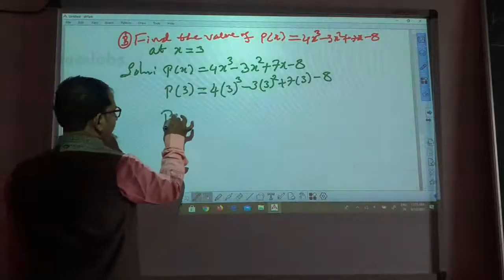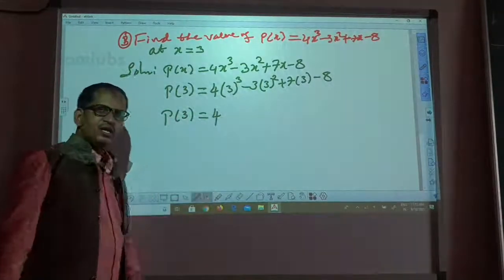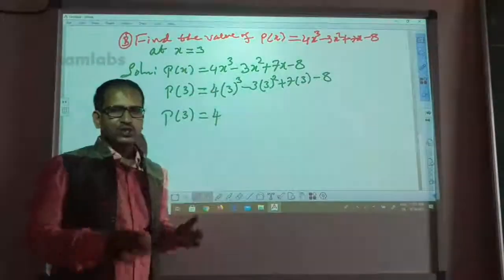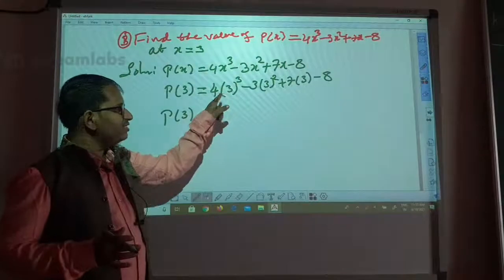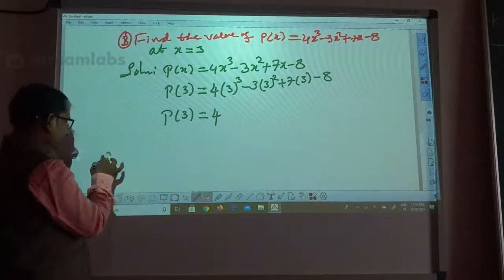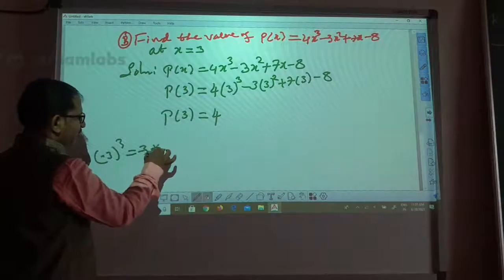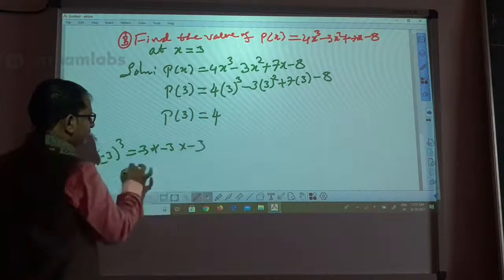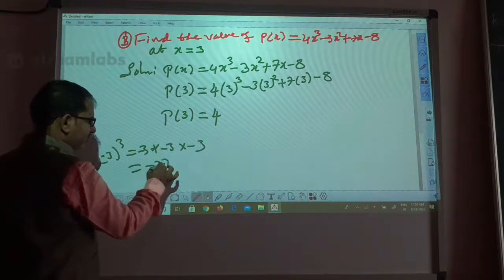Now next step, P of 3 is equal to 4 is 4 only. Now what is 3 cube? 3 cube is nothing but 3 into 3 into 3. Here, if it were minus, minus 3 into minus 3 into minus 3, that is minus into minus plus, plus into minus, minus 27 would come.